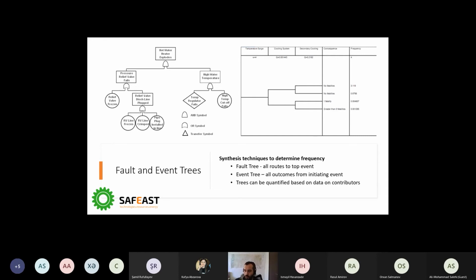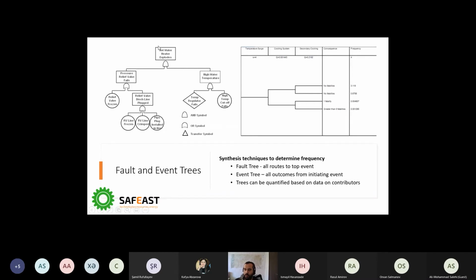In the fault tree, as you see on the left-hand side, these are all routes to the top event. Basically anything happening in the very bottom section can lead to the top event. In the event tree, this is what outcomes can follow from the top event. Here, for example, we have a hot water heater explosion case.